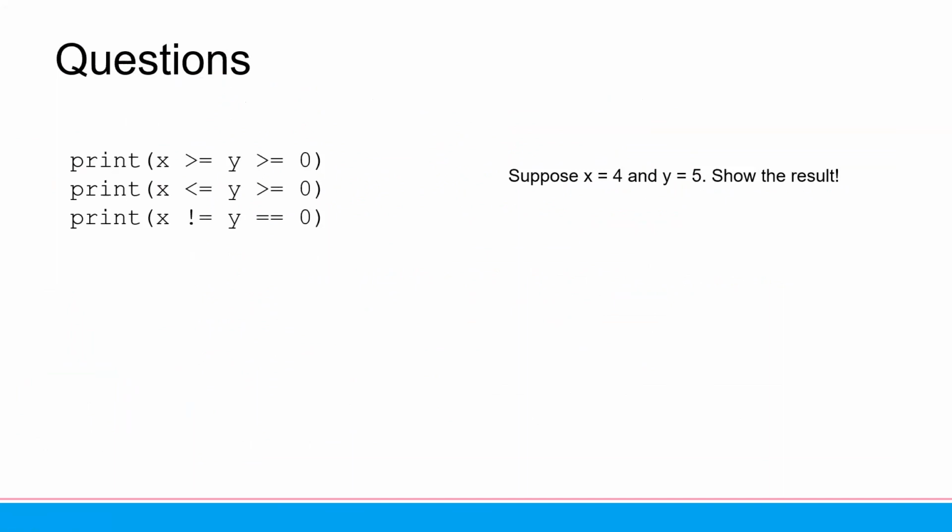Now I have another statement: x is higher than or equal to y, which is higher than or equal to 0. Suppose we have x equals 4 and y equals 5. What is the result?